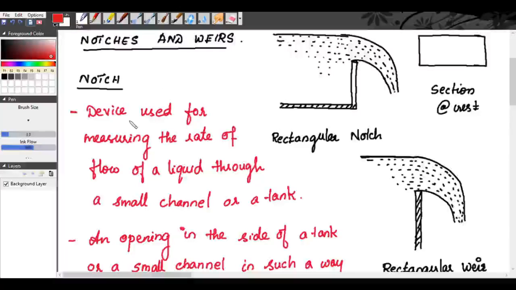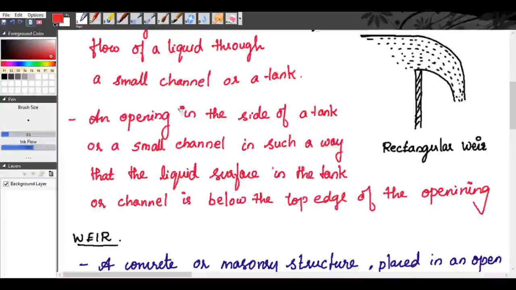A notch is a device used for measuring the rate of flow of a liquid through a small channel or a tank. So you will have a small channel or a tank, and the notch is used for measuring the rate of flow through it. Now, it is an opening.